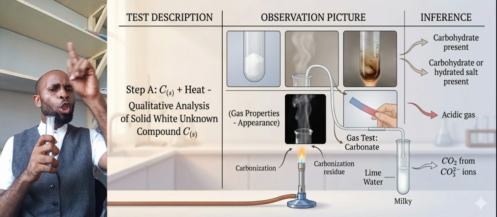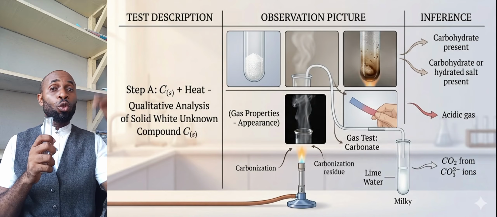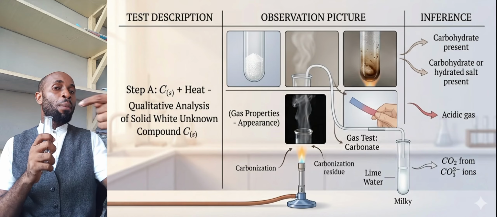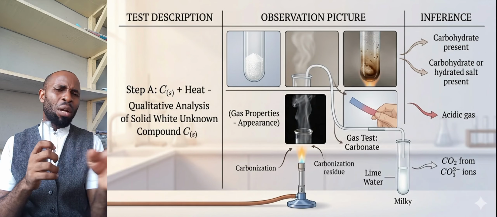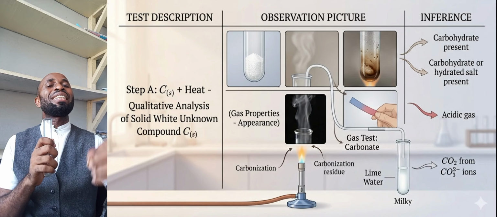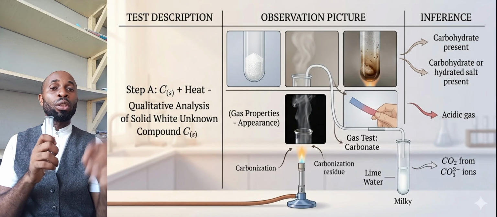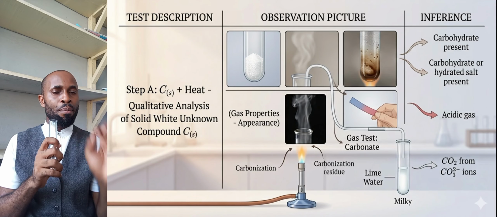There is only one particular gas that does that in the laboratory, which is carbon dioxide. To confirm that carbon dioxide is there, we introduce lime water. Mind you, you don't need to use the lime water in the exam. You just need to understand that whenever it is a colorless, odorless gas that is acidic, it is carbon dioxide. So we just tell the examiner that the gas turns lime water milky.